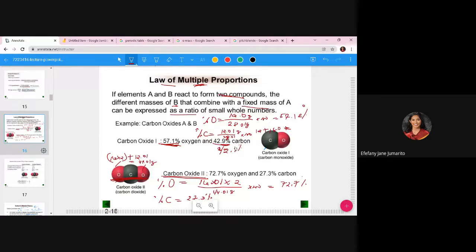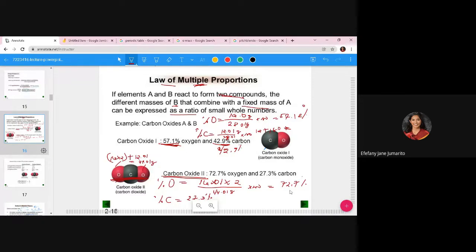But the law of multiple proportions also says that though the oxygen has fixed mass, when you react it with other elements forming a new compound, the percent oxygen may differ. So it is multiple already. In carbon oxide, percent oxygen is 57.12. In carbon dioxide, percent oxygen is 72.7. So it's not fixed.